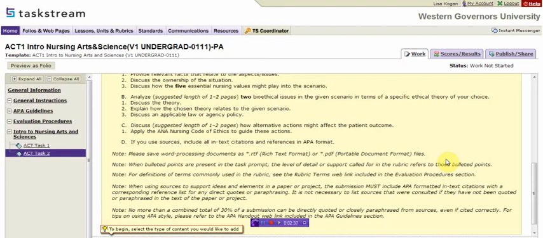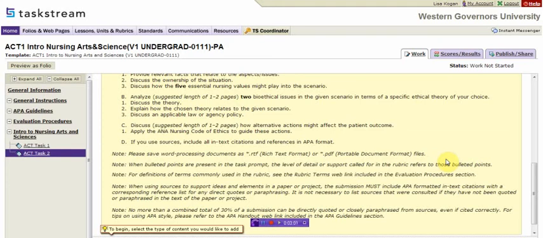The second section asks you to analyze 2 specific bioethical issues in the scenario in terms of a specific ethical theory of your choice. You'll read briefly about different ethical schools of thought or ethical frameworks. These are ways to look at scenarios, ways to look at ethical issues and approach them.